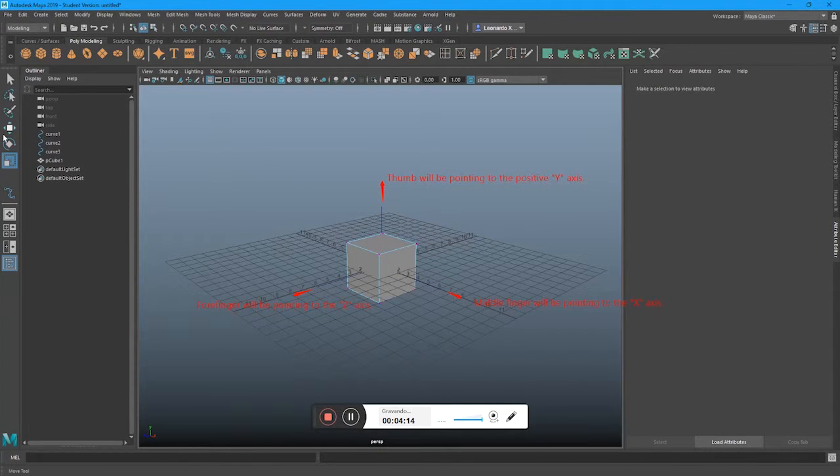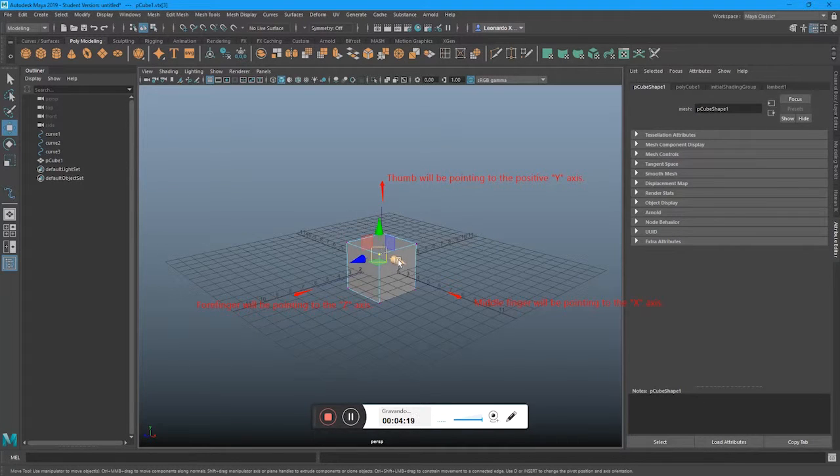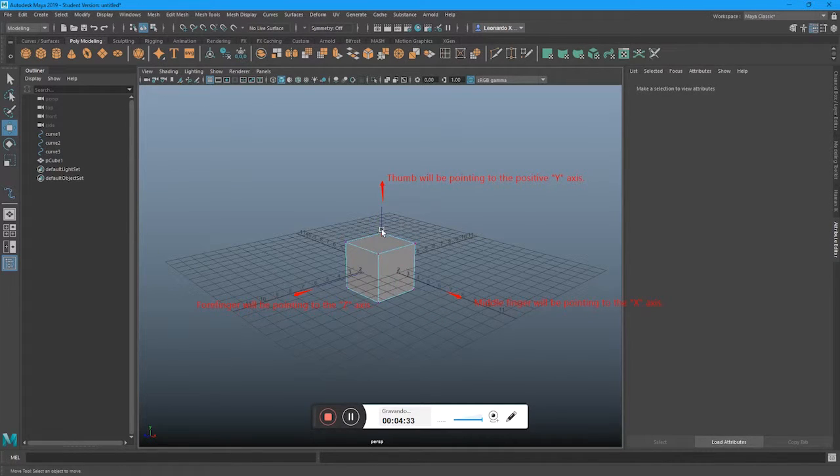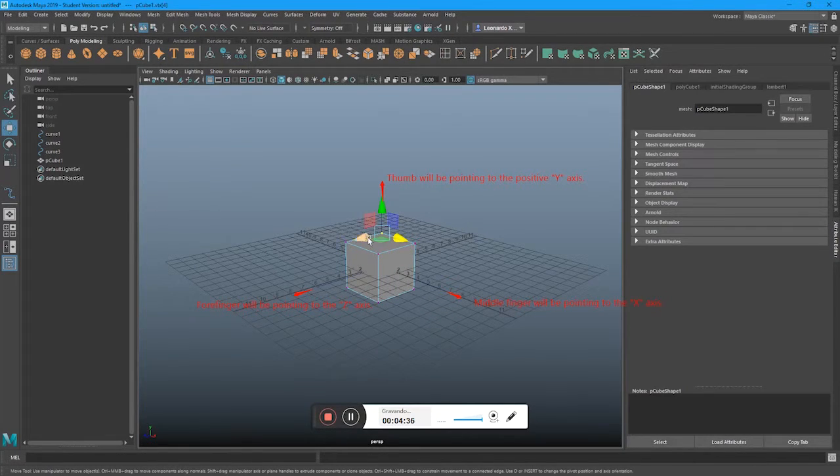So let's move it just to centralize better. For example, here we can see this edge is pointing to the y-axis.